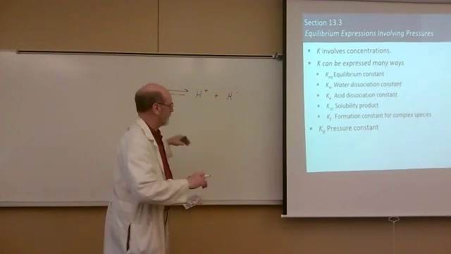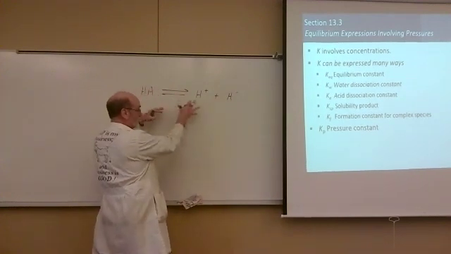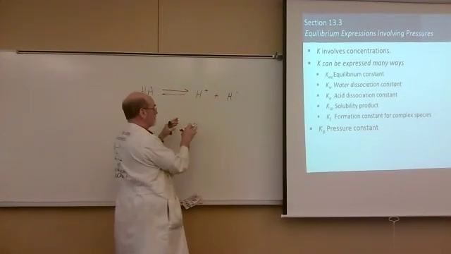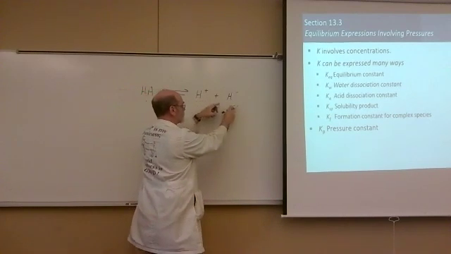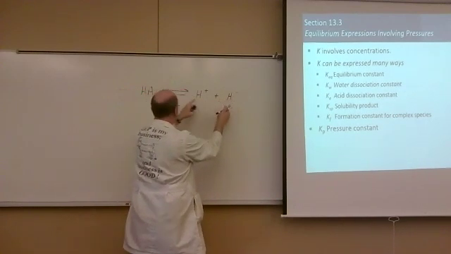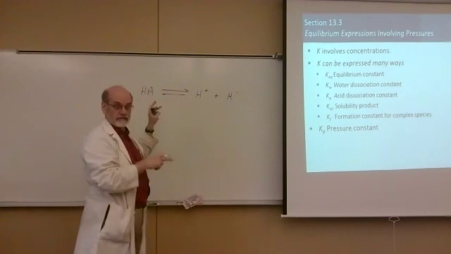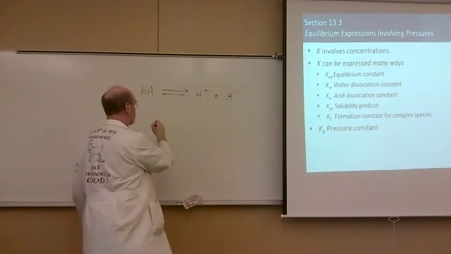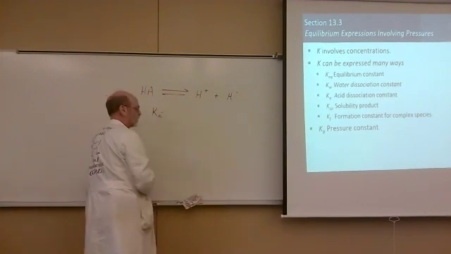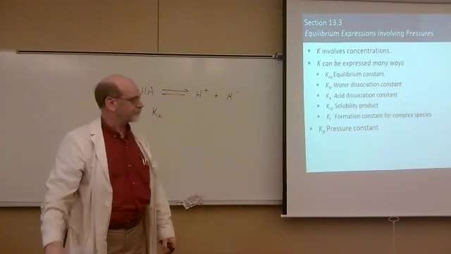That's not important right now. But you can write an equilibrium expression for this. Just concentration of this times the concentration of that divided by the concentration of that. Okay? And you would get a Ka for that expression.